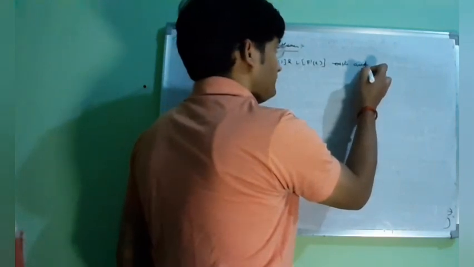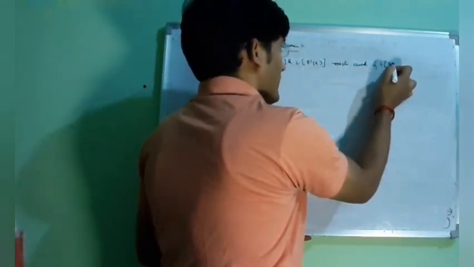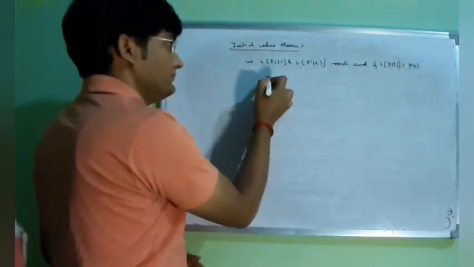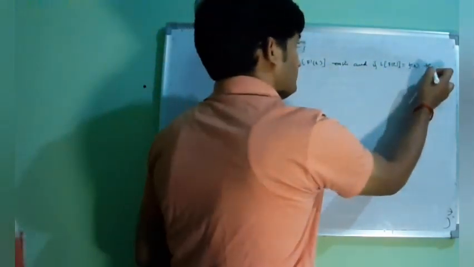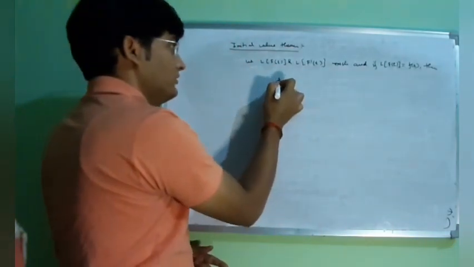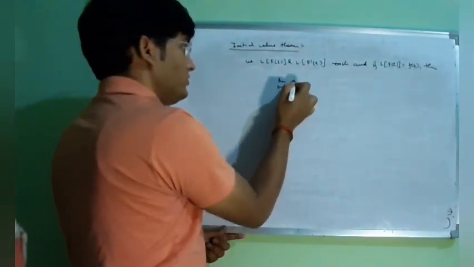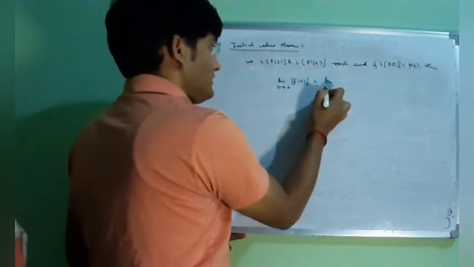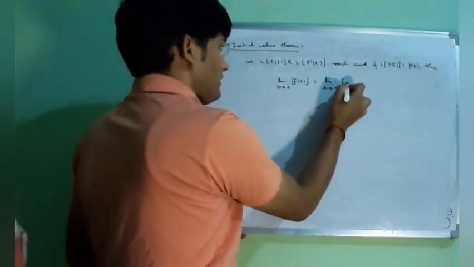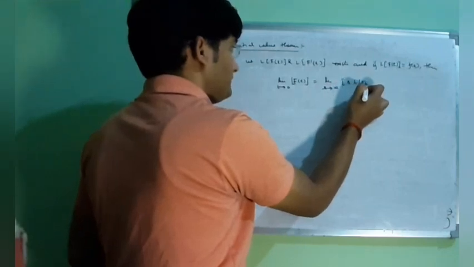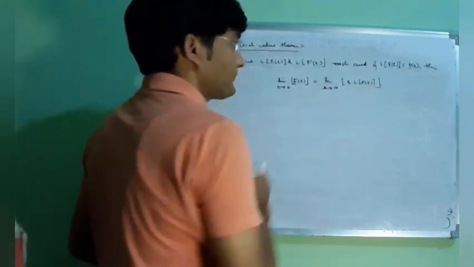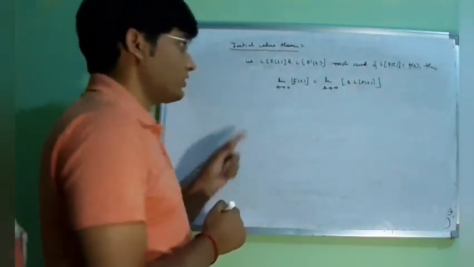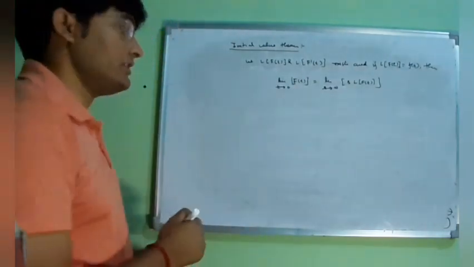And if Laplace of f(t) is equal to F(s), then limit t tends to 0, f(t) is equal to limit s tends to infinity s into Laplace f(t). So this is known as initial value theorem because we are talking about limit t tends to 0.